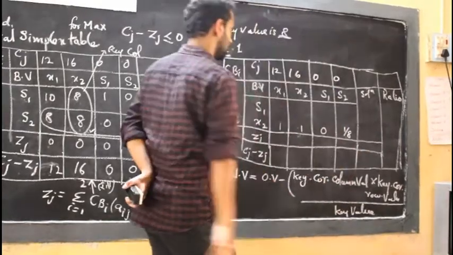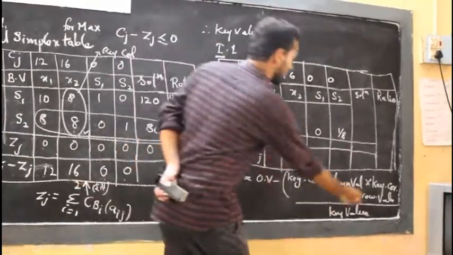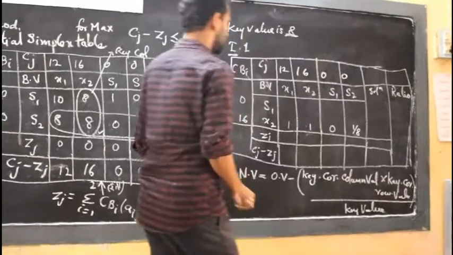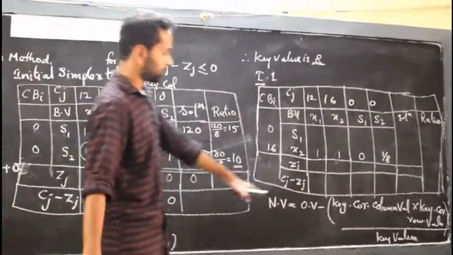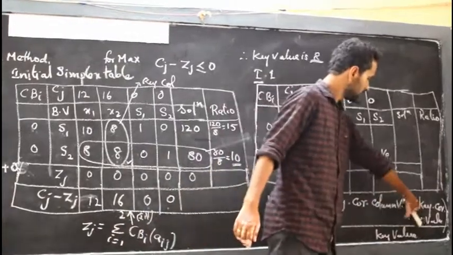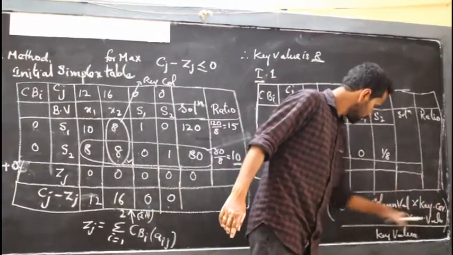Look at the formula once again: old value minus key corresponding column value into key corresponding row value, divided by key value.